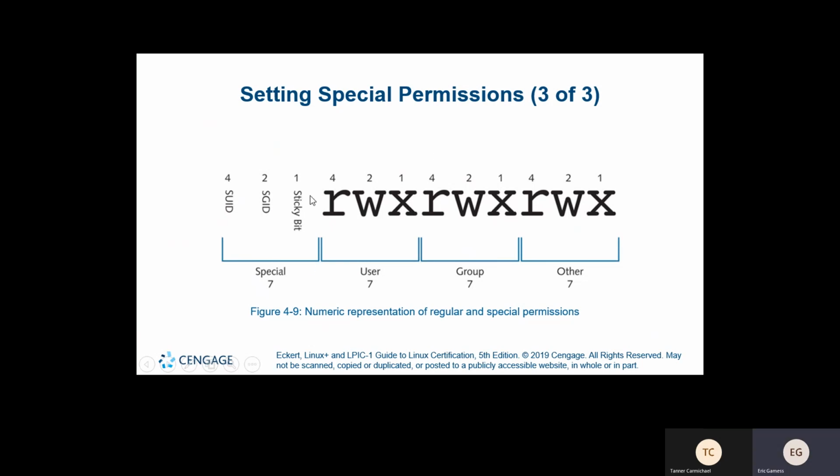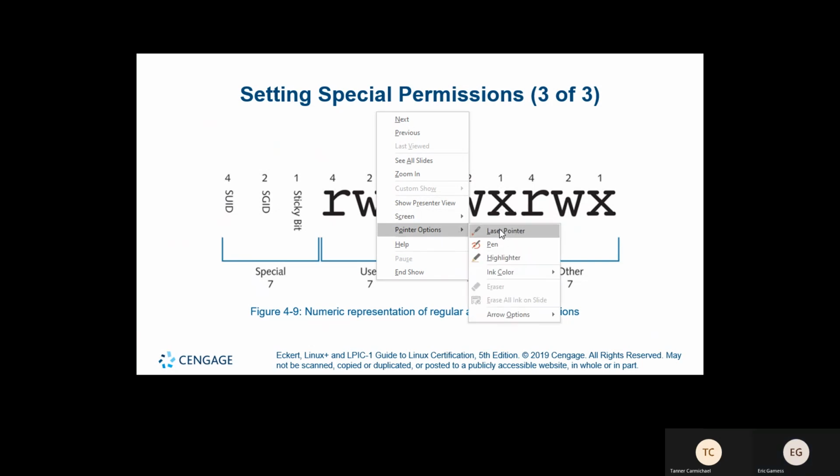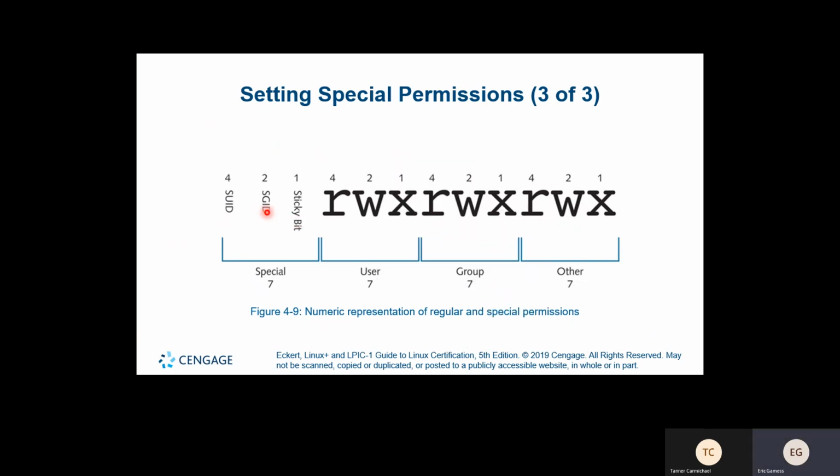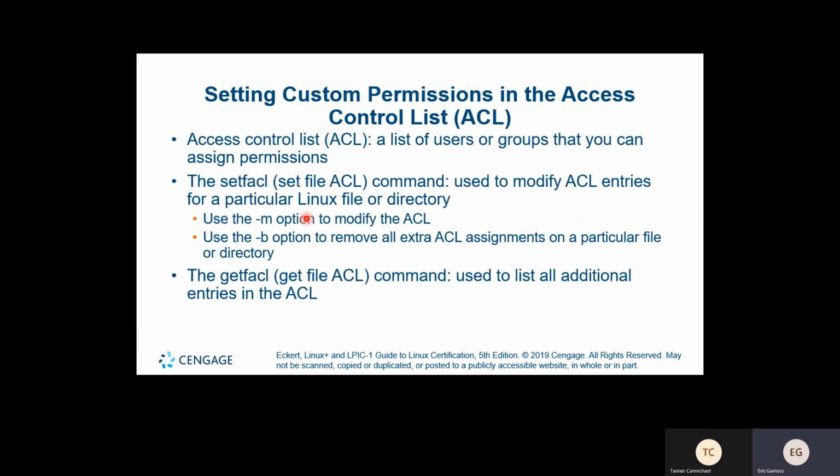And the first digit, which will be between 0 and 7, will allow me to specify which one I want to set. So for example, if I set this bit to 1, I specify that I want to set the user ID. If I put this bit to 1, I want to set the group ID. If I put this bit to 1, I want to set the sticky bit. So this is when I work with octal numbers.